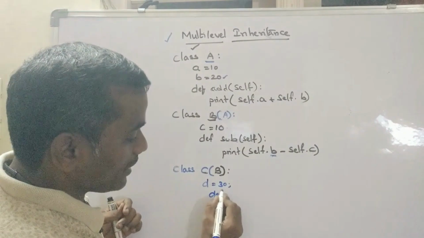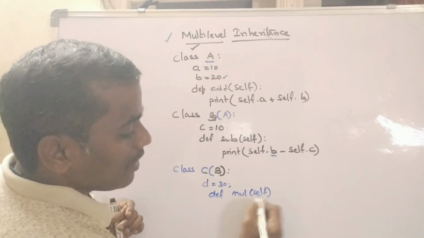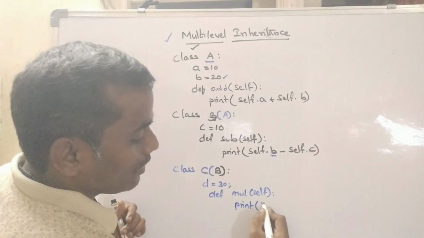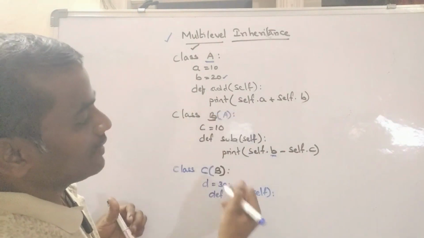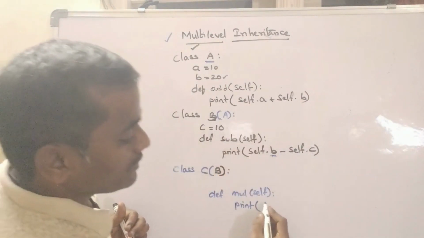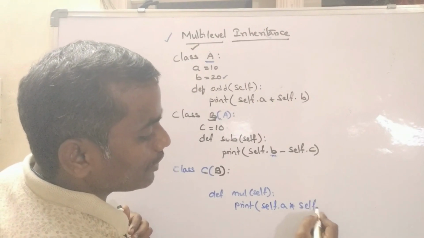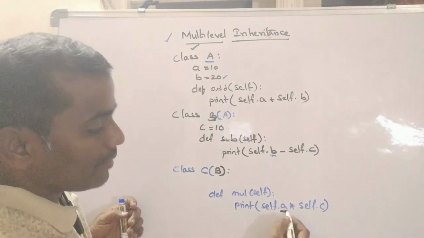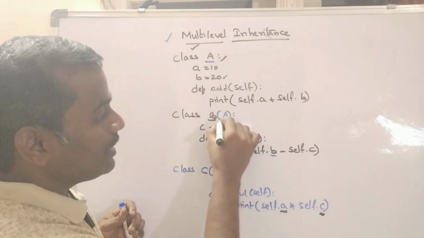Now I define a function, multiplication, with the self argument, and print self.a into self.c. Here a is a member variable of class A, and c is a member variable of class B.